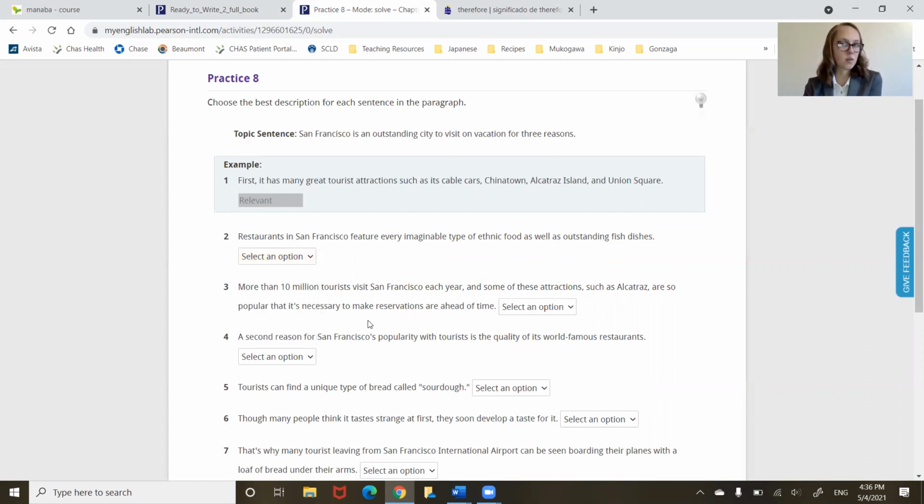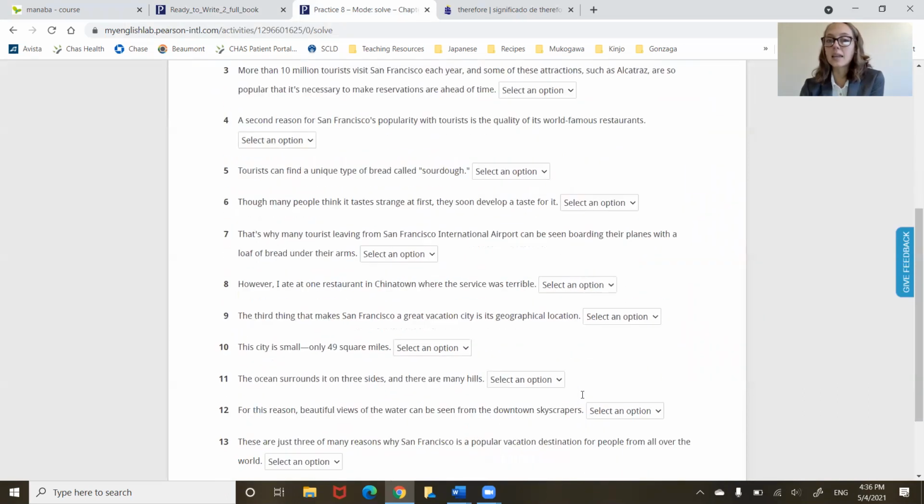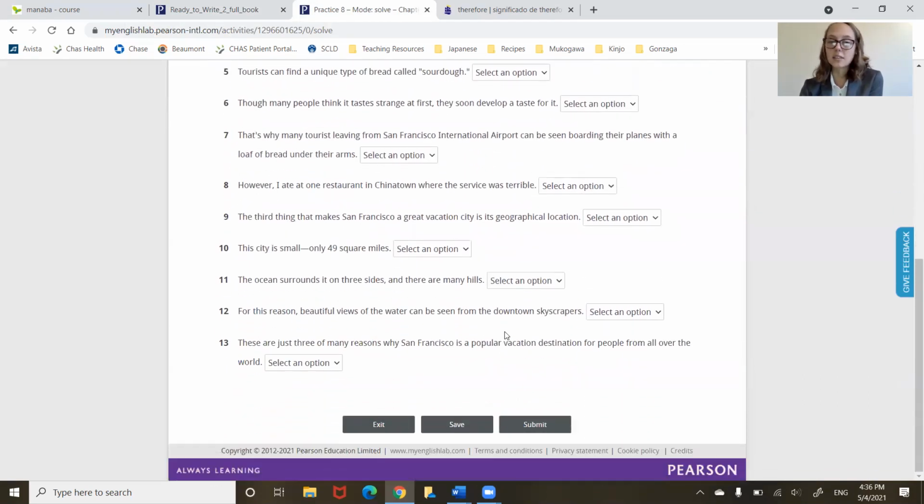So we would move it in the paragraph. So this one is about, maybe about tourist attractions, but probably in the wrong place. And then more than 10 million tourists visit San Francisco a year, so etc. Read the paragraph and decide the sentences if they're connected or not.